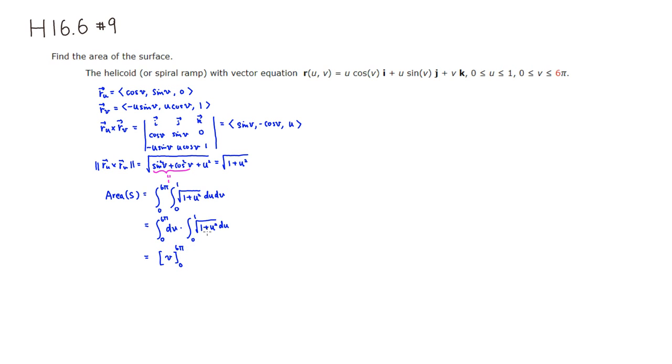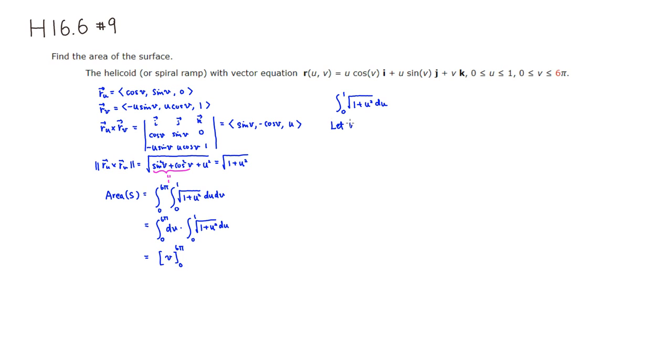I'm going to do this one on the side, since it takes a little bit more work. Let's compute the integral from 0 to 1 of the square root of 1 plus u squared with respect to u. I'm going to use a trig substitution.